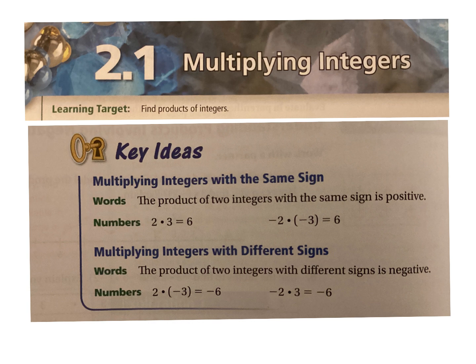Now, the key idea, this is the most important thing. When you're multiplying integers with the same sign, it will always turn out to be positive. So you can see when you have a positive times a positive, you get a positive.